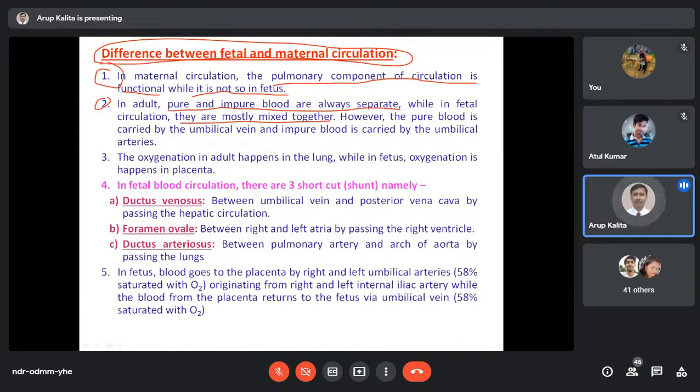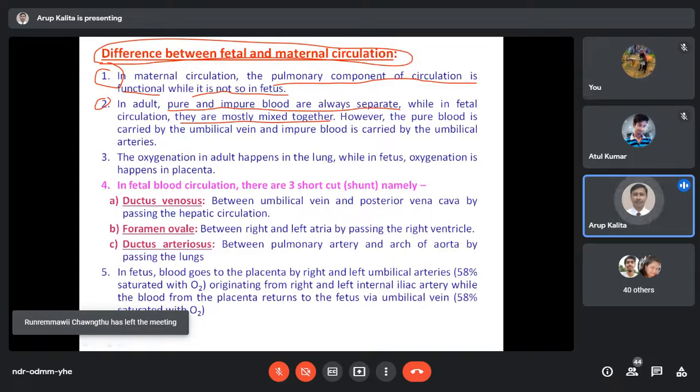So you may ask one question. If the deoxygenated blood will be going to the cells of the fetus, how does the metabolic activity of the cells take place in the fetus? Actually, in the fetus, the metabolic activity will not take place because metabolic activity occurs in the mother.